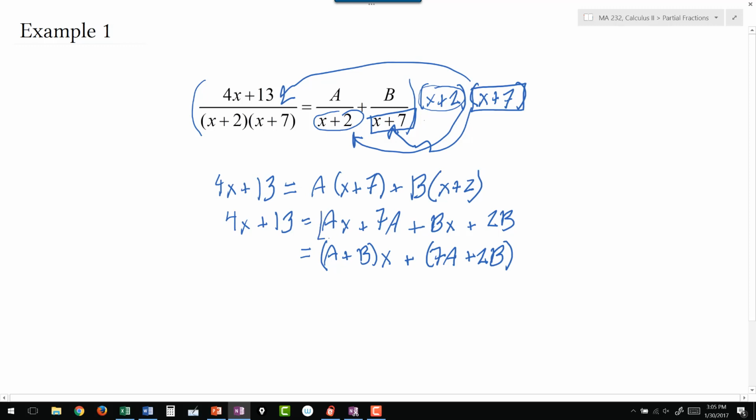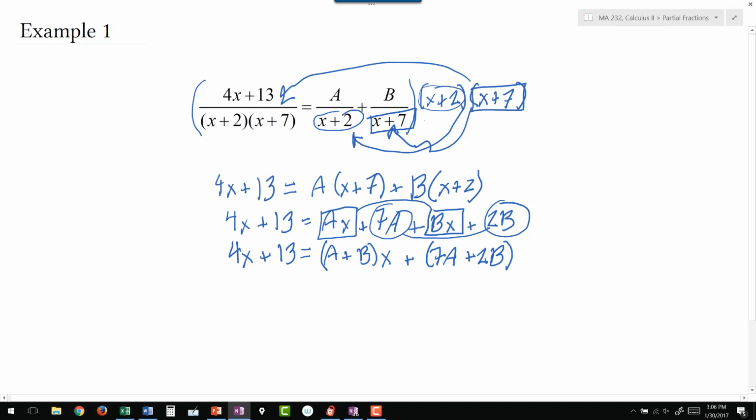What I've done is collect the x terms together and also collect the non-x terms together. I haven't done anything on the left, so this is still all equal to 4x + 13.